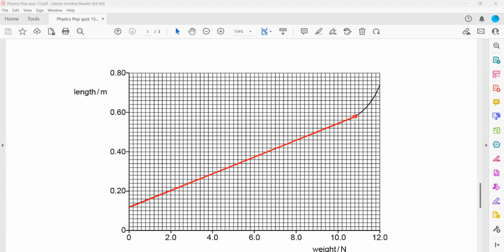What is the load at this point? If we draw a line from here, 10 boxes equals 2, so each box represents 0.2. So this will be 10.2, 10.4, 10.6, and 10.8. So 10.8 newtons is the load after which the limit of proportionality is crossed.